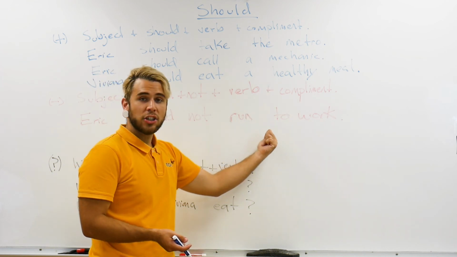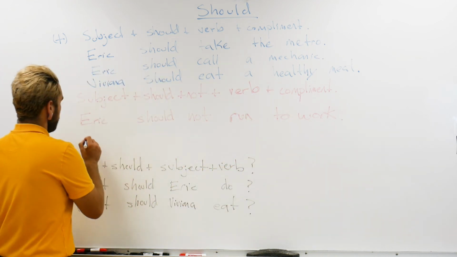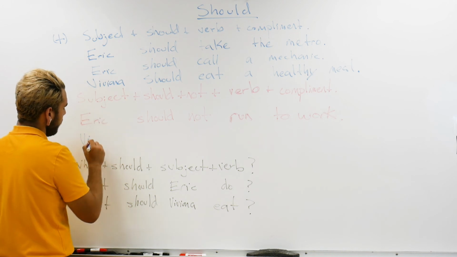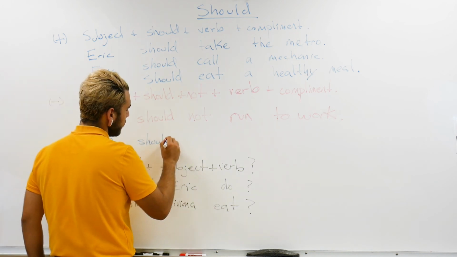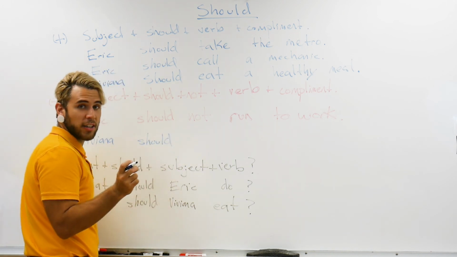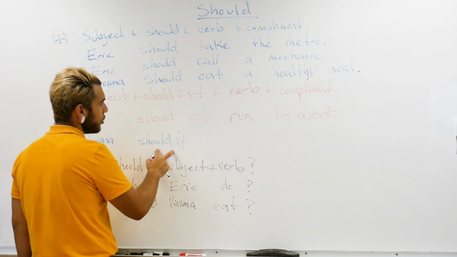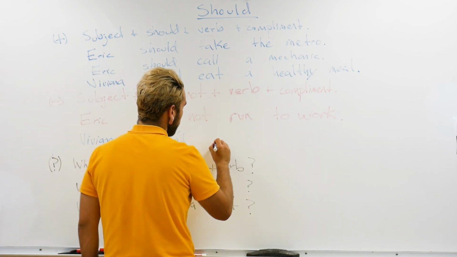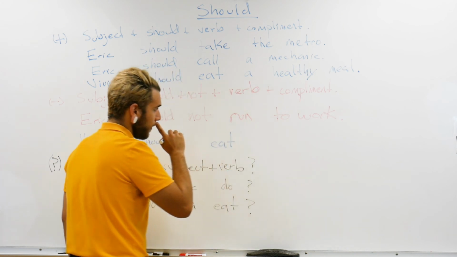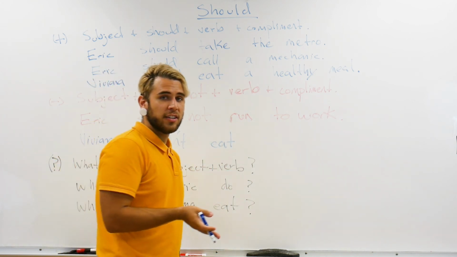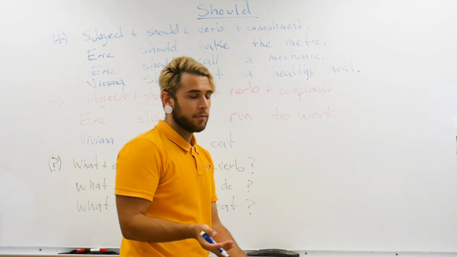Now, something that she should not do is, we'll say, the subject Viviana should not, or we can also use a contraction, shouldn't. Viviana should not or shouldn't. Verb, eat. And what should she not eat? She should not eat junk food.